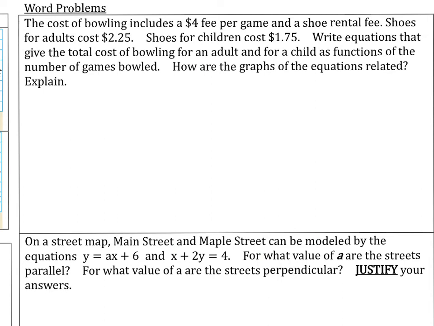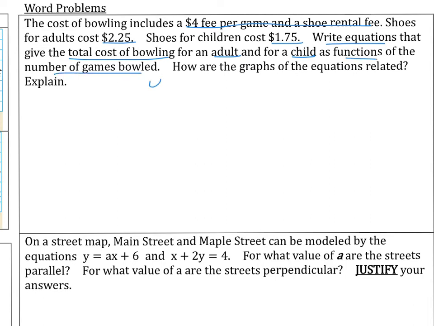Word problems. The cost of bowling includes $4 per game and a shoe rental fee. Shoes for adults cost $2.25, and for children, shoes cost $1.75. Write equations that give the total cost of bowling for an adult and for a child as functions of the number of games bowled.